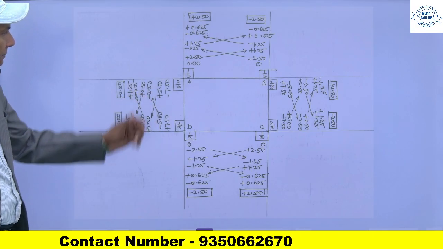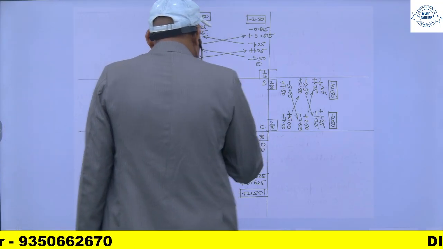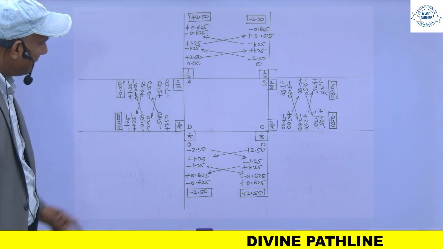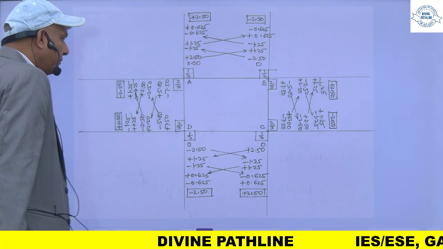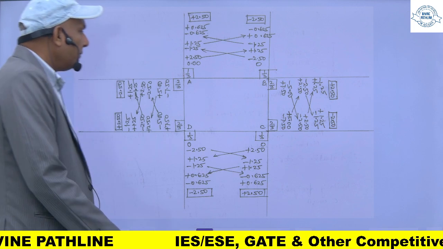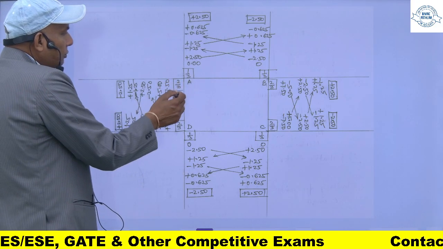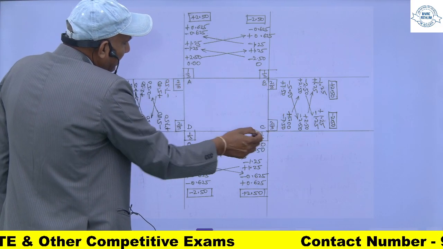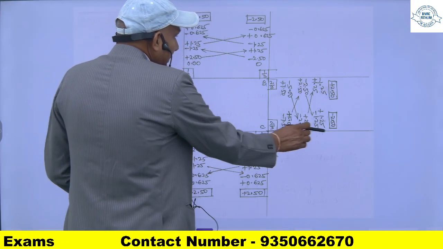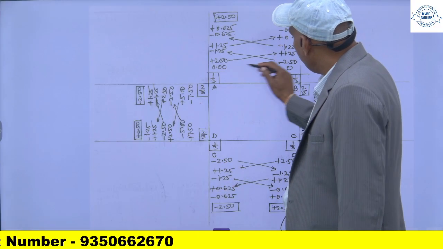Now this is my table. So bending moment at this point is, this is box culvert A, B, C, D, and it is 0.75 and minus 0.75 at this end. This is plus 7.5 and minus 7.5. And distribution factor is 1 by 3, 2 by 3, 1 by 3, 2 by 3, 2 by 3, 1 by 3 and 1 by 3 like this. And for other member it is 0, 0, 0.